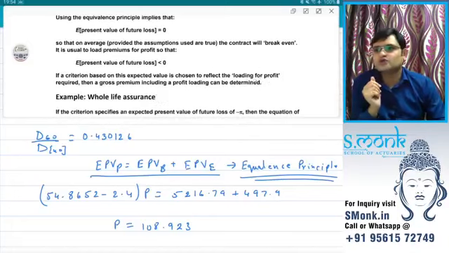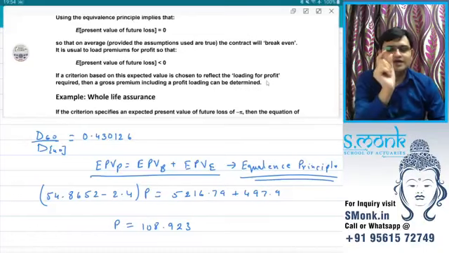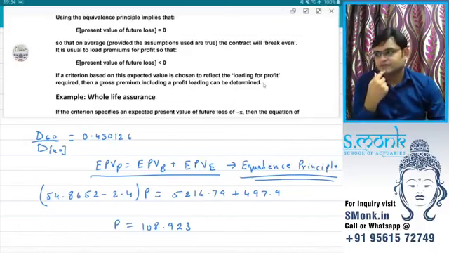That is called loading for profit. If a criterion based on this expected value is chosen to reflect the loading for profit required, then the gross premium including a profit loading can be determined. We are taking a small amount that is meant for profit.